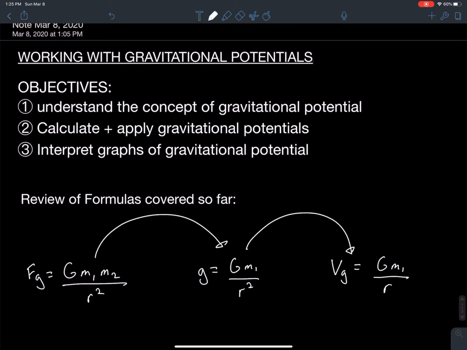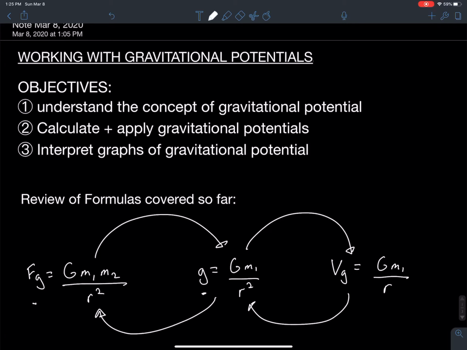Something that you'll have to be able to do is to be comfortable interconverting these formulas on your own. They're all in your data booklet, but you should be able to see exactly how you can easily interconvert. How would you go from gravitational field strength, g, in the middle, and calculate the force? Well, the formulas themselves tell you what you need to do. g times the mass of an object will give you the force of gravity.